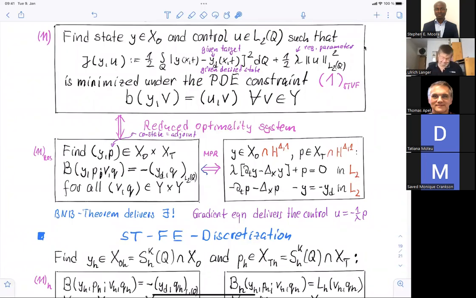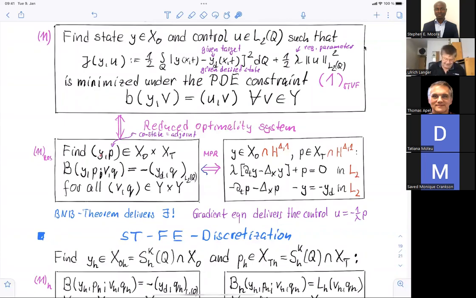And this is equivalent to the optimality system. For the optimality system, you need the co-state, the Lagrange multipliers, because there's a constraint here. So that can be written in the same variational setting.